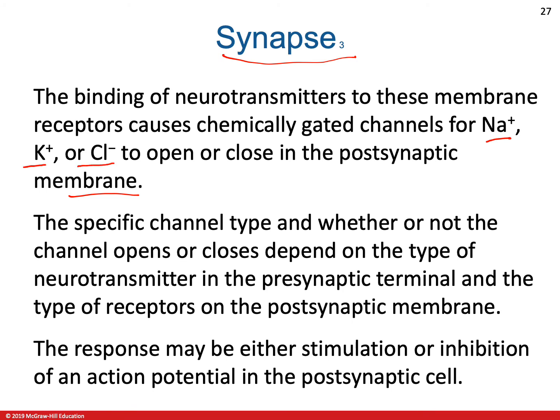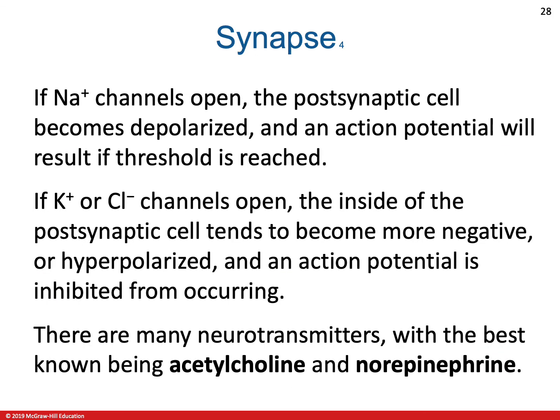The specific channel type, and whether the channel opens or closes, depend on the type of neurotransmitter located in the vesicles of the presynaptic terminal and the type of receptors on the postsynaptic membrane. So the response may be either to stimulate or inhibit, increase or stop, an action potential in the postsynaptic cell.